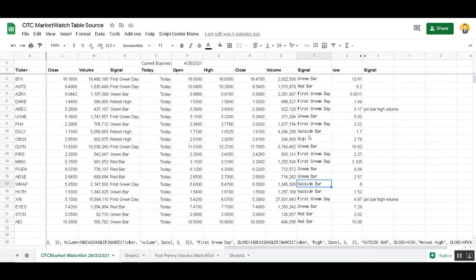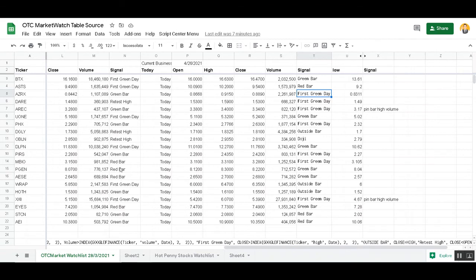Okay, so as you can see, I have set it in such a way that it will show me the signal that I'm looking for. Preferably I'm looking at first green day on the current day, which is a bullish engulfing candle with high trading volume, and a red day.